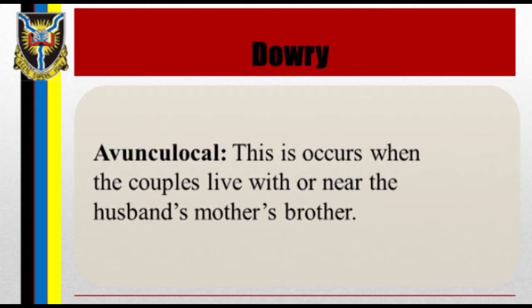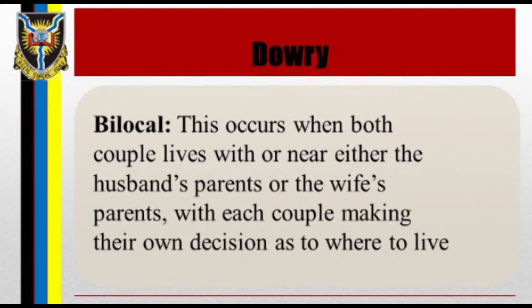Avunculocal residence occurs where couples live with or near the husband's mother's brother. A marital residence is bilocal where the couple lives with or near either the husband's parents or the wife's parents, with each couple making their own decision as to where to live.